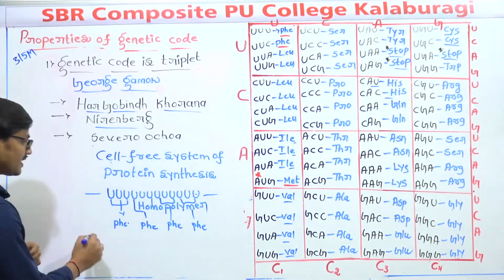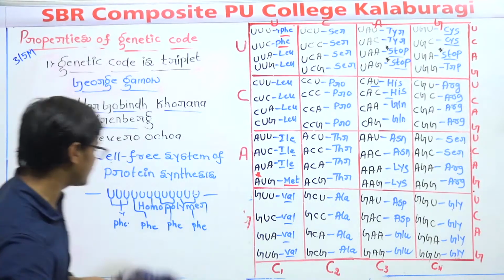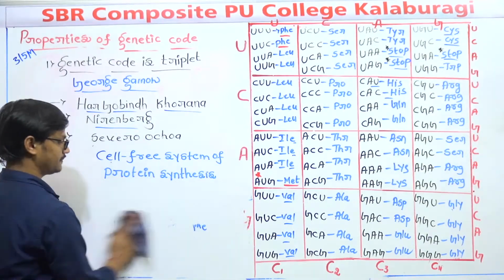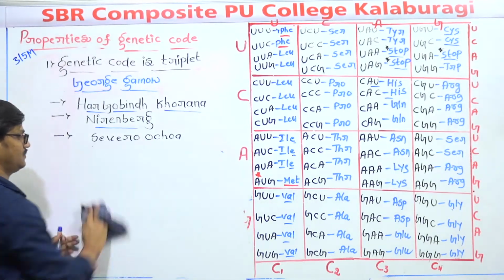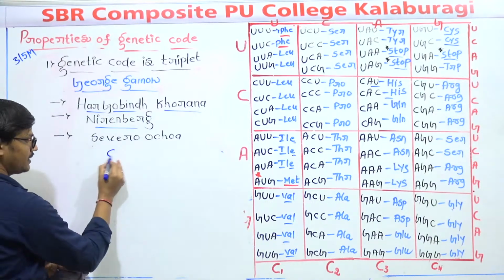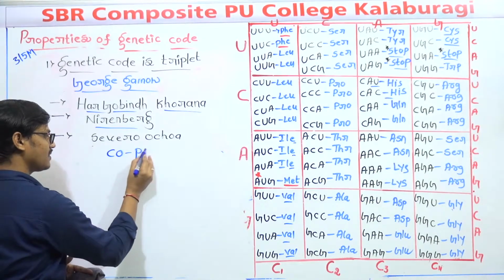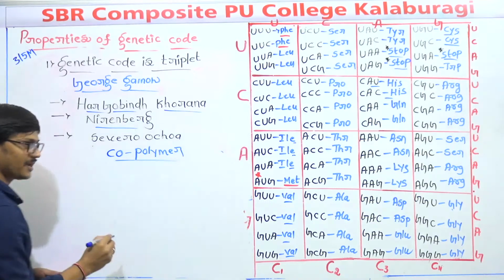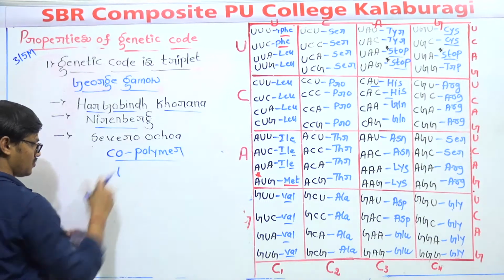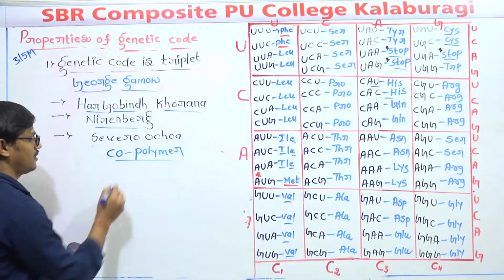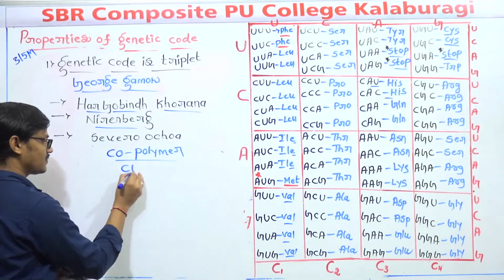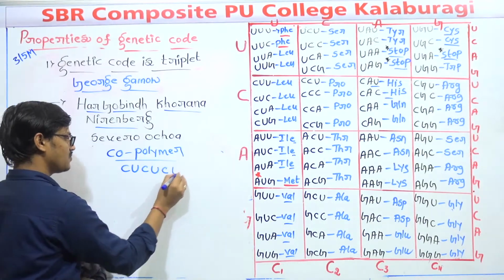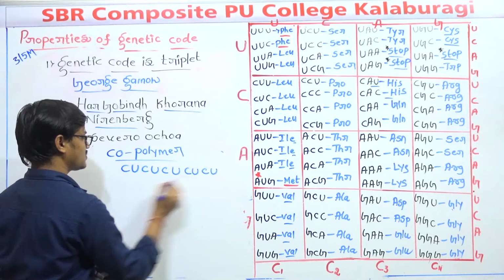Again, he used another RNA, that is the copolymer. You already know the meaning of copolymer. It is made up of 2 nitrogen bases, that is CU, like this.